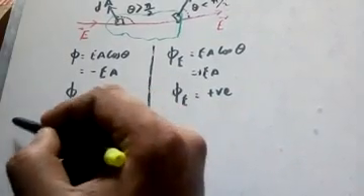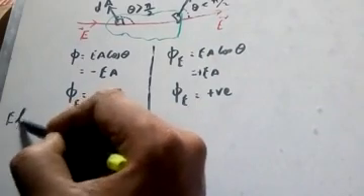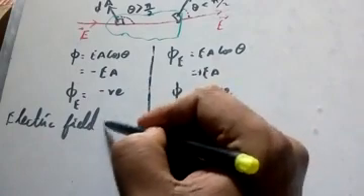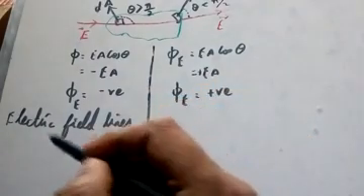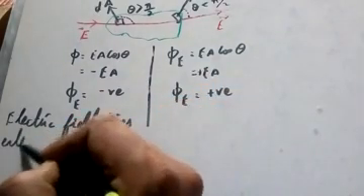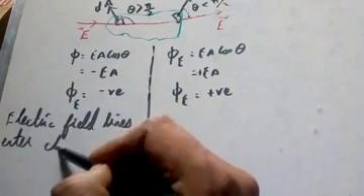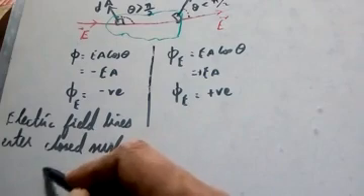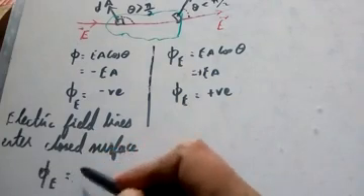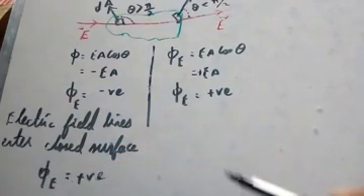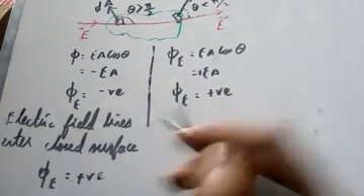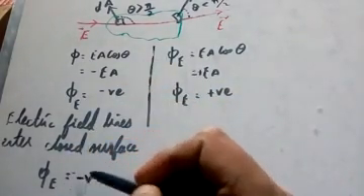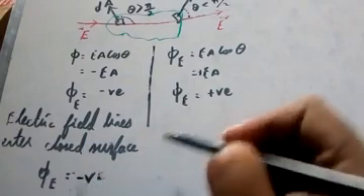The electric field lines enter a closed surface: the electric flux phi E is negative.